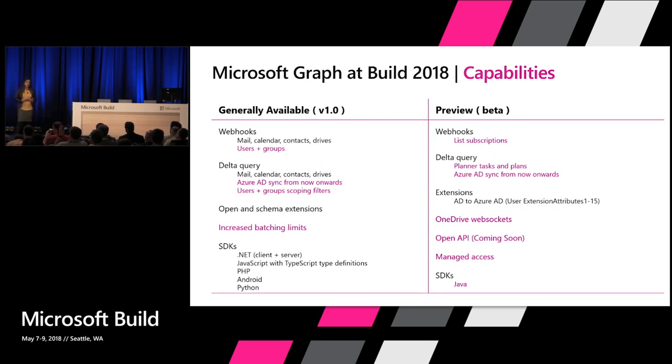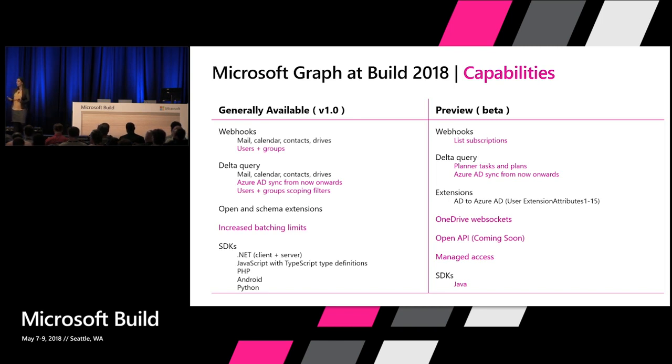Microsoft Graph offers several capabilities for developers. I'm going to start with webhooks. I think everyone knows what a webhook is: you create a subscription, and you get a notification when something changes based on that subscription. We now have GA, general availability in production, for webhooks of users and groups.